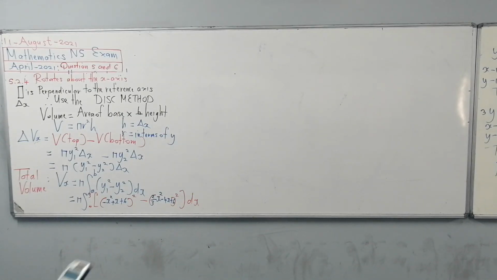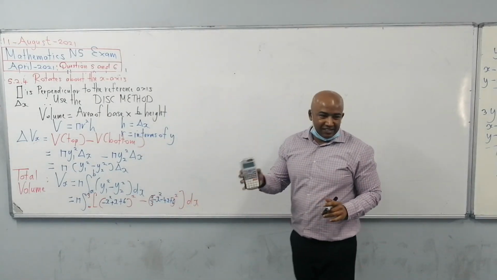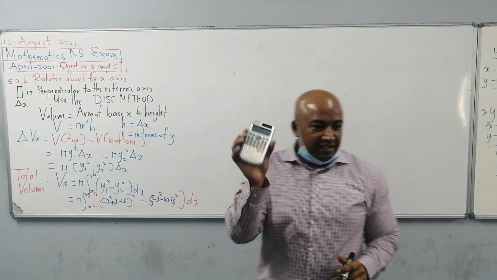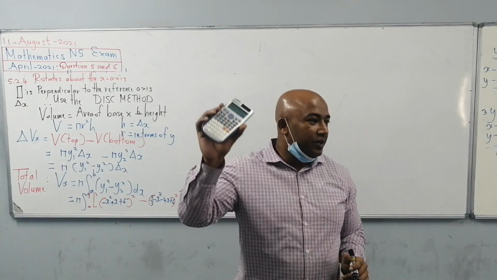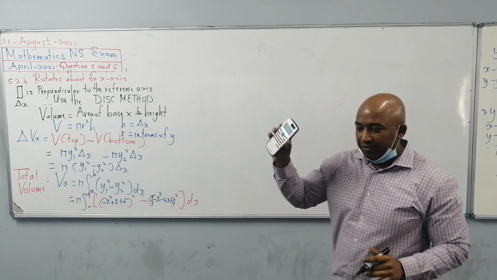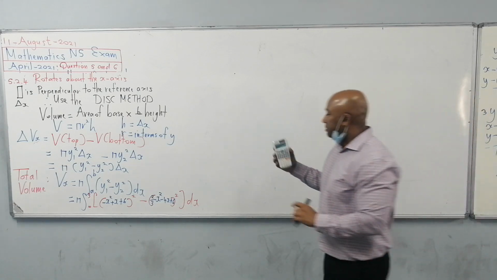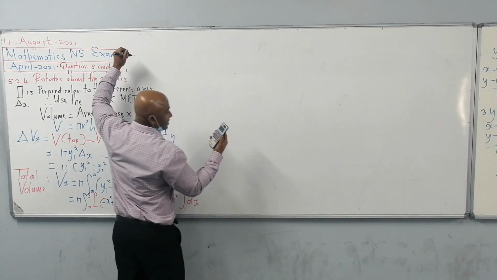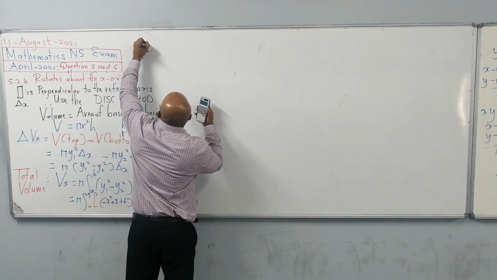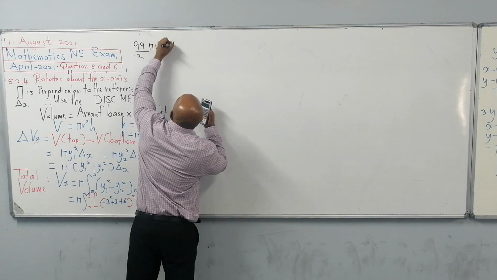Alright, so we need to work out the volume. Before we even start, I'm just checking my final answer using, I just showed it now. We can obviously work out our final answer if we have this advanced calculator. So we know we're going to be doing a lot of work on the board now. But let's check our final answer is 99 over 2 pi units to the power 3.